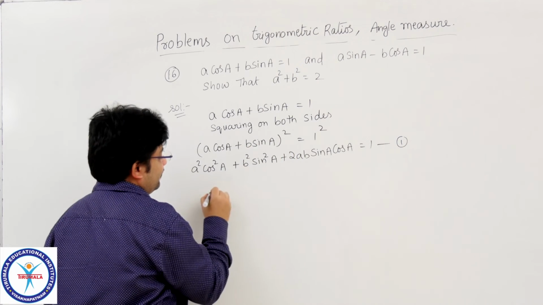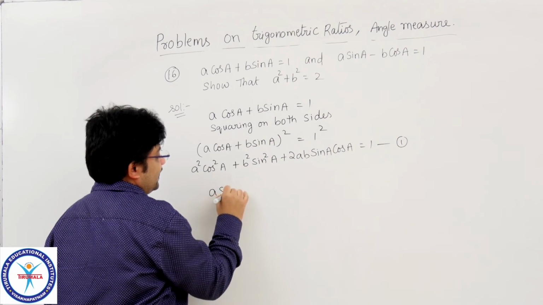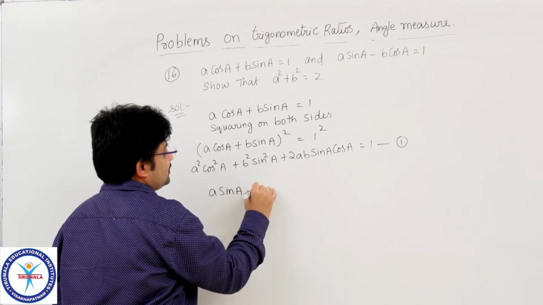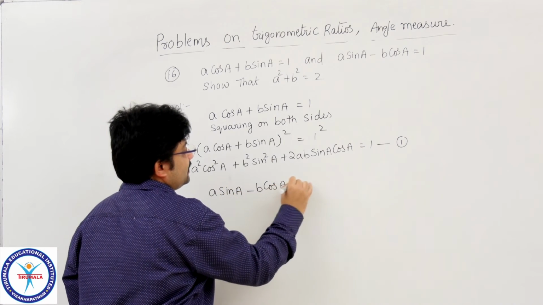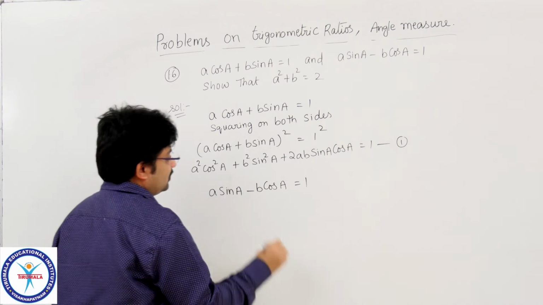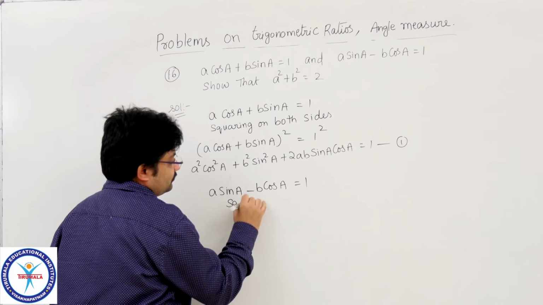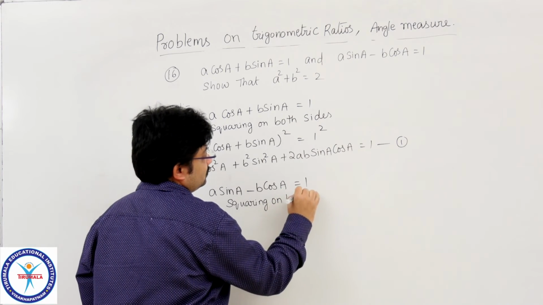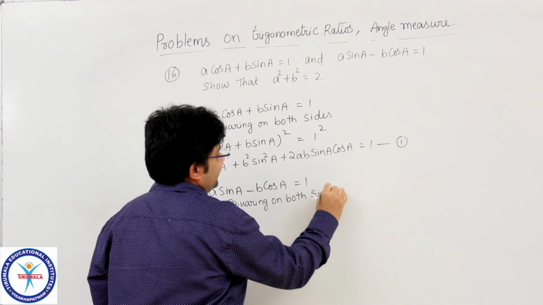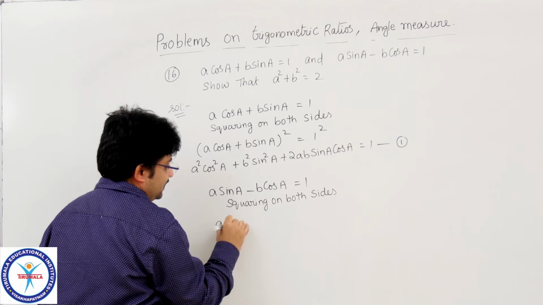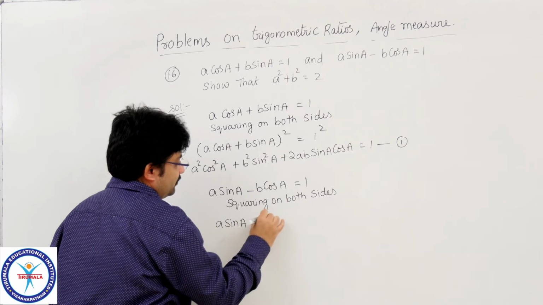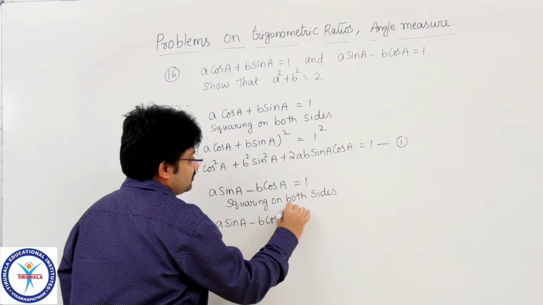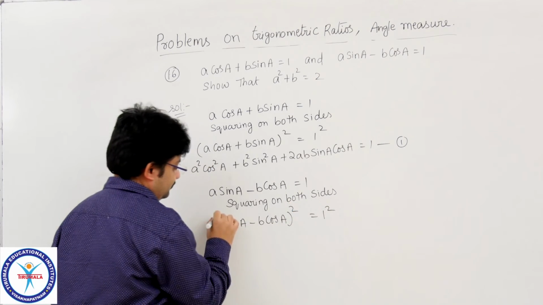Let us take the second equation. a sin a minus b cos a is equal to 1. Squaring on both sides, that is a sin a minus b cos a whole square is equal to 1 square.